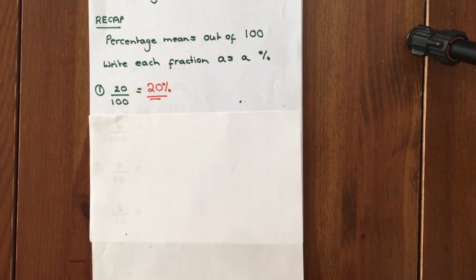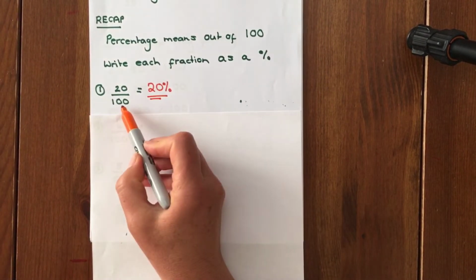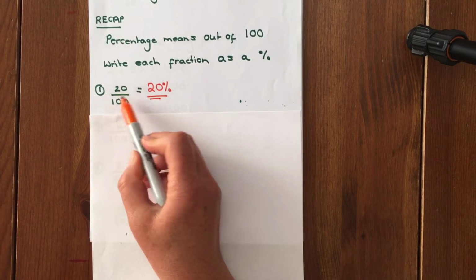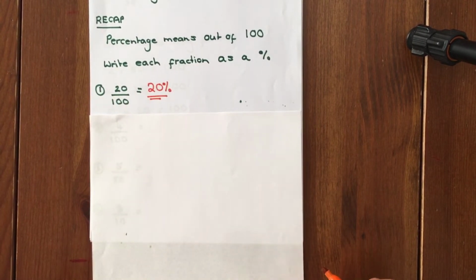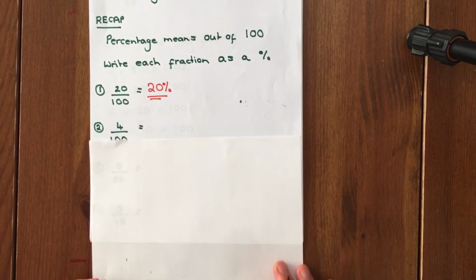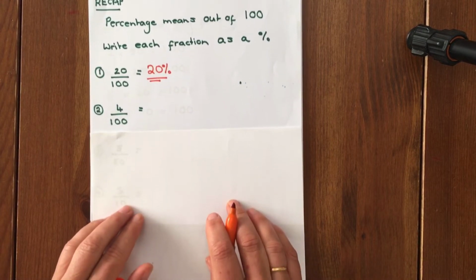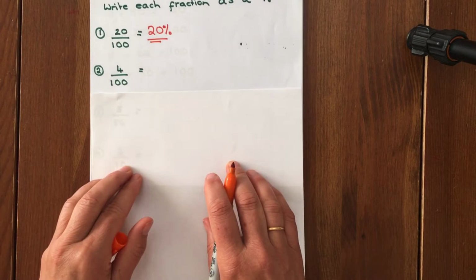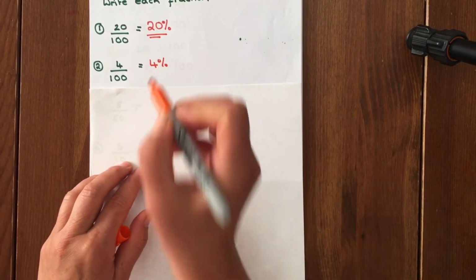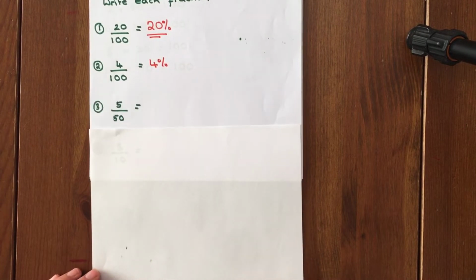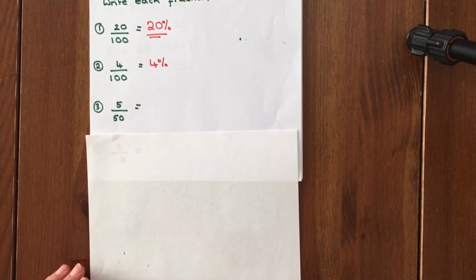For example, if you did a test and there were 100 marks available and you got 20 right, you would have scored 20% on that test. Okay, if you only got 4 of the questions right and there were 100 questions, you would have got 4% correct.